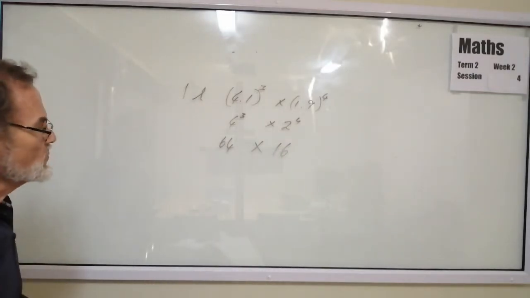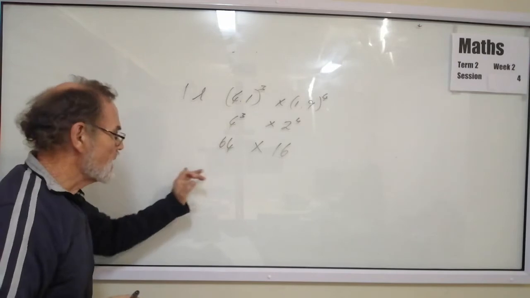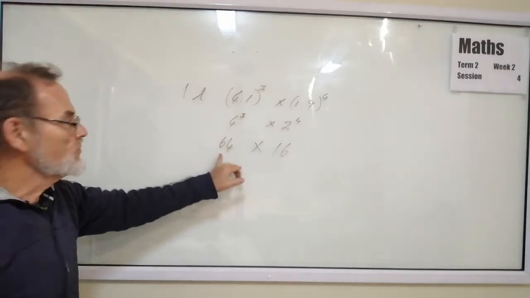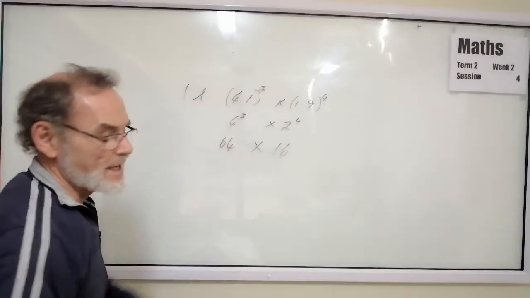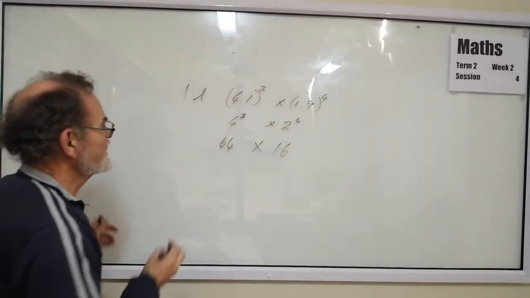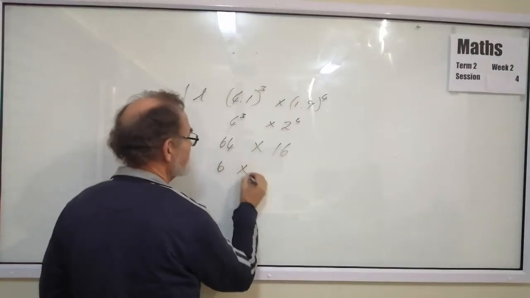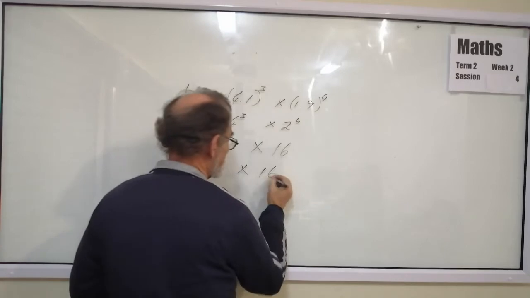So 64 times 16. Now we can reduce these again to make it simpler. So we can say this is 6 times 16.